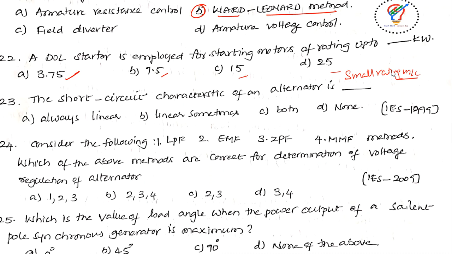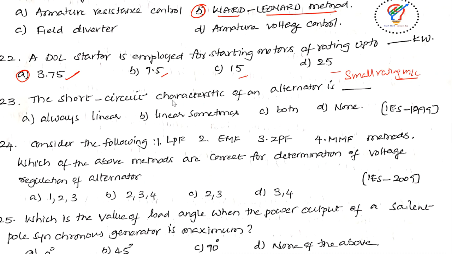Why? Because small rating machines will have a good amount of resistance and reactance, so whenever the current passes through it, it will quickly oppose it. And one more point is that small machines will have small inertia, so that it will quickly accelerate. That's the reason why the DOL starter is used for small rating machines.